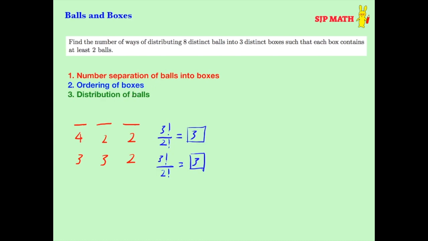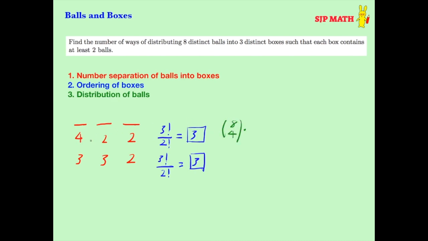Now we have to move on to step 3, where we consider that the balls are distinct. So we have to distribute these distinct balls. I'll put this in green. Let's look at the first case first, 4, 2, 2. In this case, we have to choose 4 balls from the 8 distinct balls, so we do 8 choose 4.